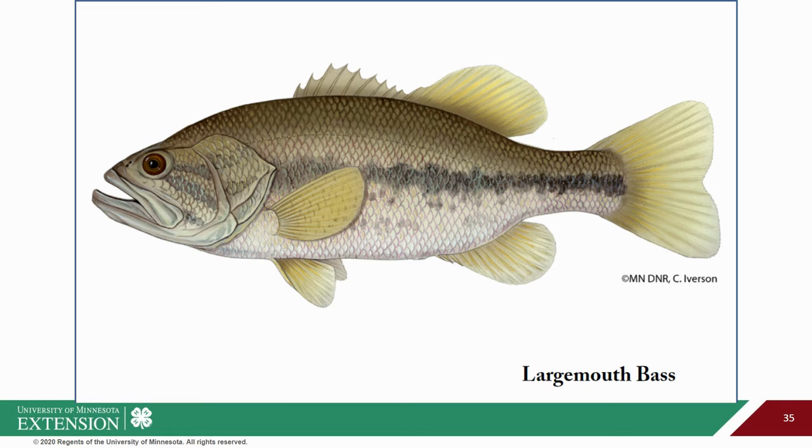Well, the largemouth bass does. And also us as anglers, we tend to eat that green sunfish as well, which is how we can be placed in that tertiary consumer role. In this case, we're going to put the largemouth bass in that tertiary consumer role because they feed on the green sunfish, which then feeds on the zooplankton, which then feeds on the phytoplankton, which then gets the energy back from the sun.